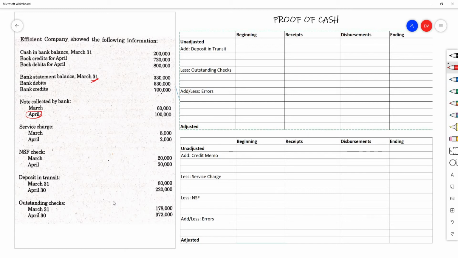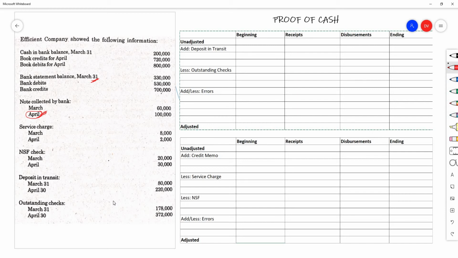We're trying to check the validity of the receipts, the disbursements, and the actual cash in bank balance of the month of April.